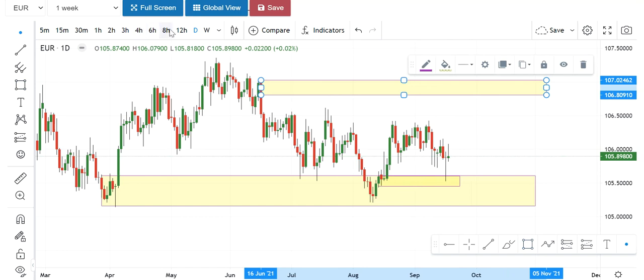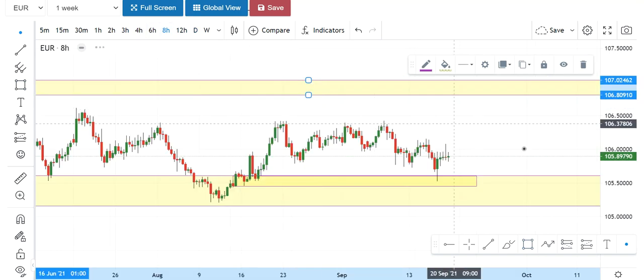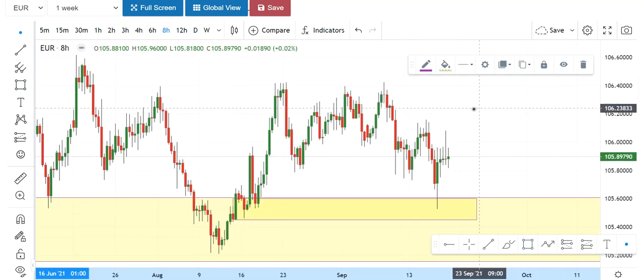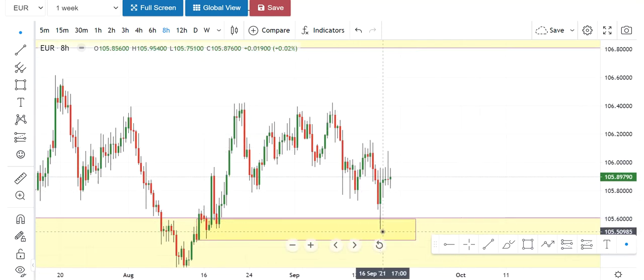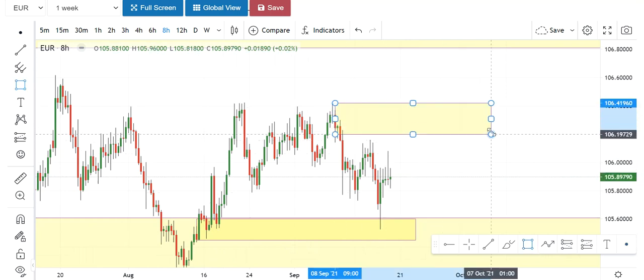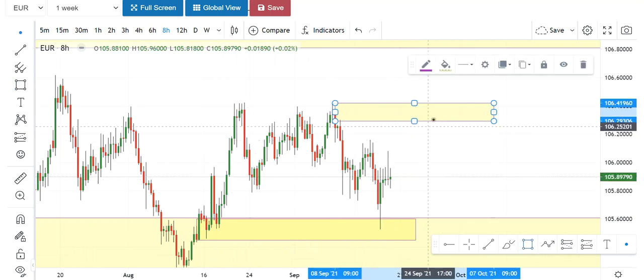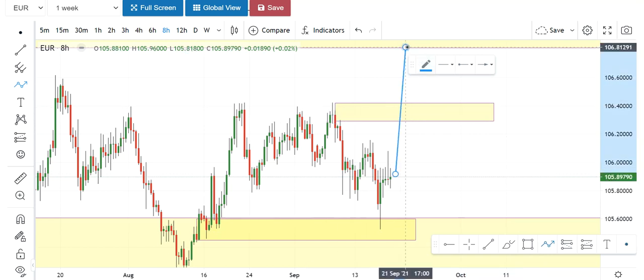Now let's check some other time frame to see how price has been acting. We're moving down so far, so we expect a movement to the upside. If this supply zone holds, then we may see more movement to the downside. But if the supply zone does not hold, then we expect that price will break the supply zone to this particular region.